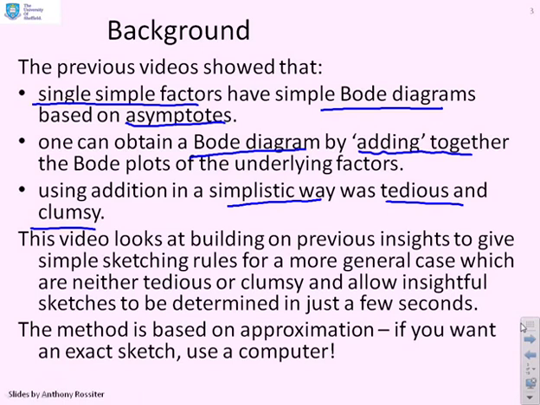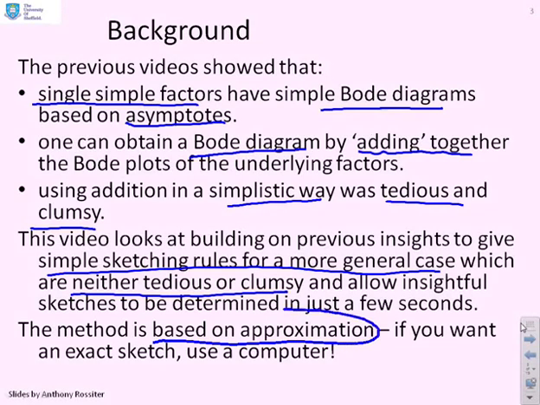So what we want to do now is build on those earlier insights to give some sketching rules for a more general case, which are neither tedious nor clumsy, and are also insightful, so they can be done quickly and give us insight. You're reminded this method is based on approximation.